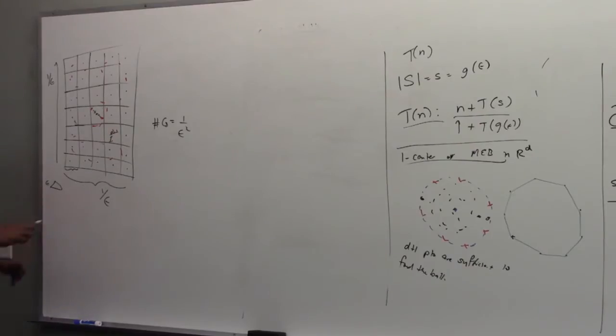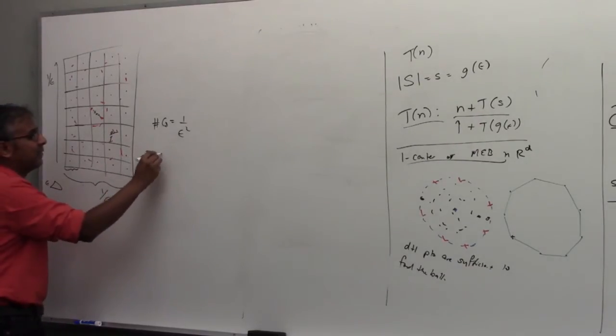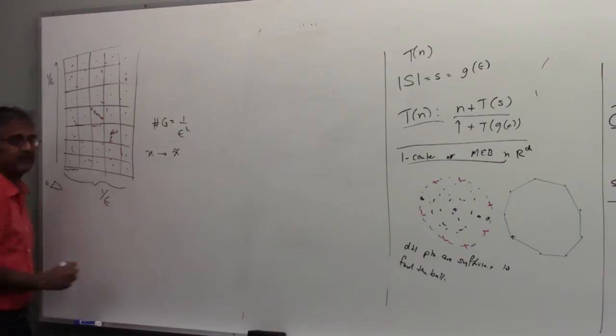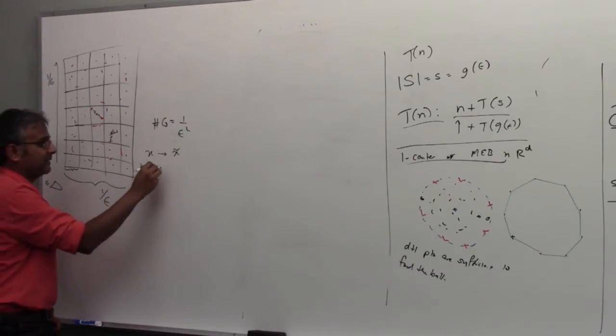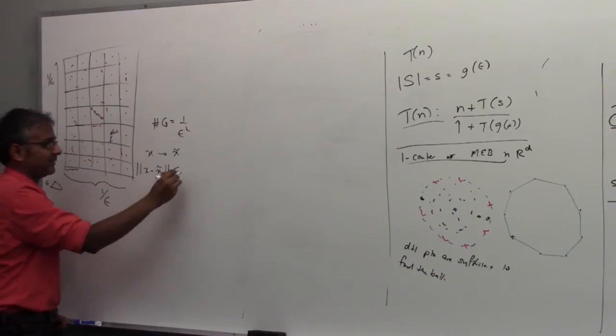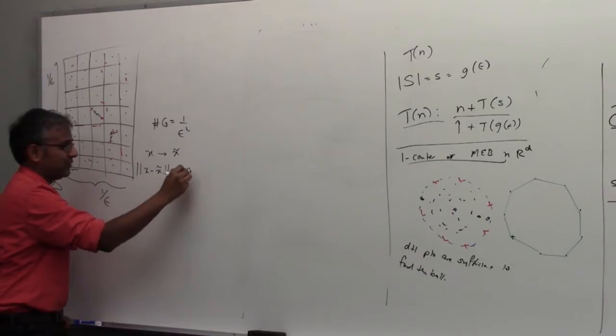So if you take a point x, and you move it to some grid point x tilde, the distance from x to x tilde is going to be less than or equal to the size of the grid cell. So let's call this g.